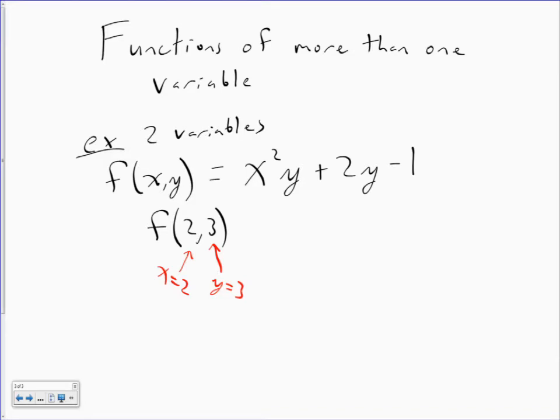So I've got x comma y, that means when I put 2 comma 3, I want 2 for x, 3 for y. So I go through and I just plug in everywhere a 2 for x, a 3 for y, and it looks like I get 4 times 3 gives me 12, plus 6 minus 1, so 17 for f of 2, 3 with this example.